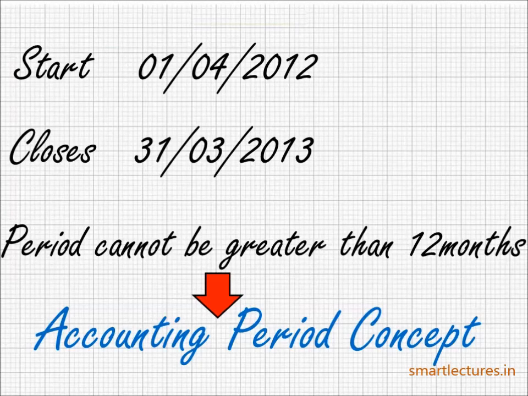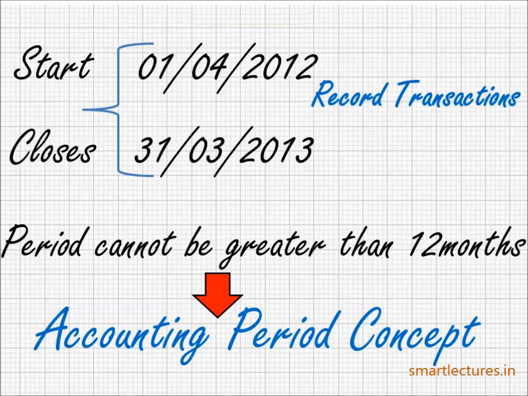And between 1st April 2012 and 31st March 2013, we keep on recording the transactions, and we stop the recording of transactions on 31st March 2013, and we make the balance sheets and we close the equation.